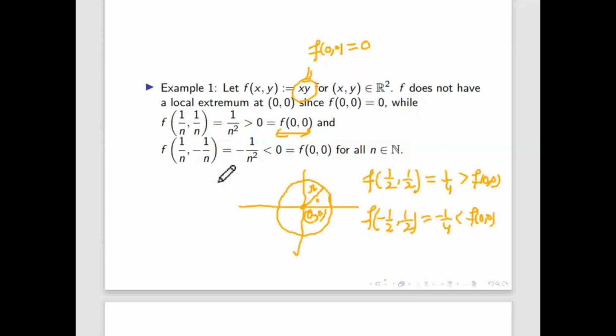So this point (0, 0) is a saddle point. This is just by using the definition that we are showing this. Once we see the second derivative test, based on that also we can easily conclude that this point is a saddle point.